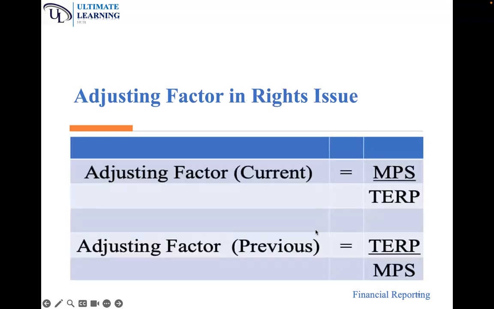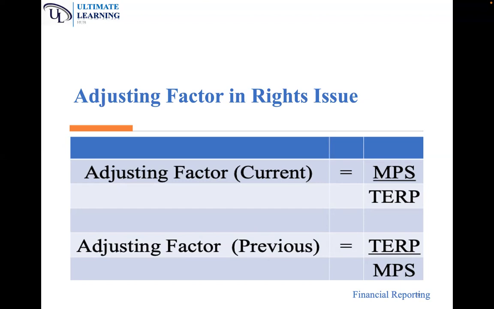Now, just like in the bonus issue, the adjusting factor in the current year was X plus Y divided by X, and in the previous year, it was X divided by X plus Y. Now, the adjusting factor in a rights issue is different. Because we are issuing at a certain price, we will not use a ratio.